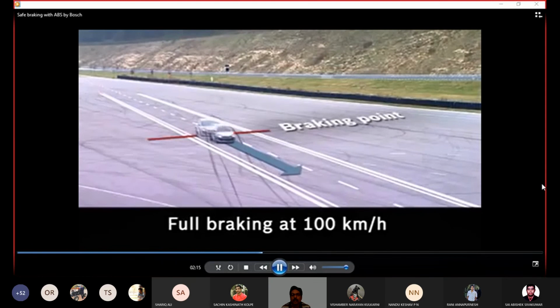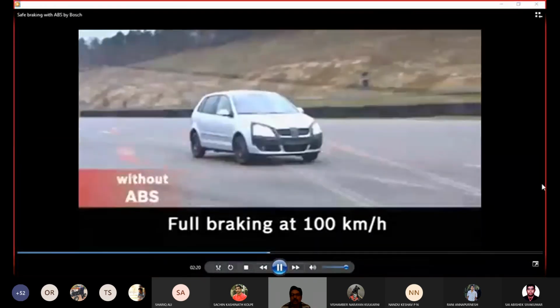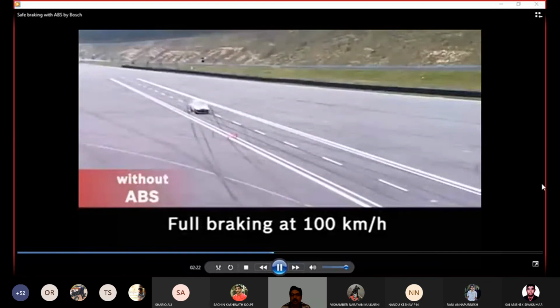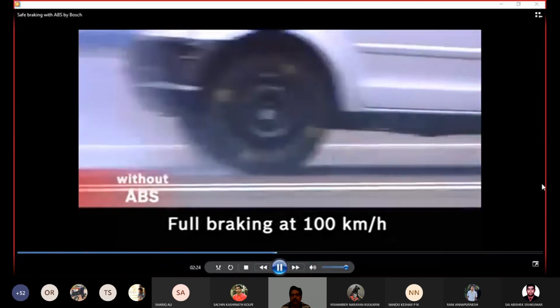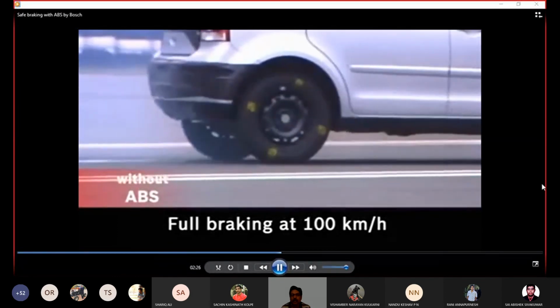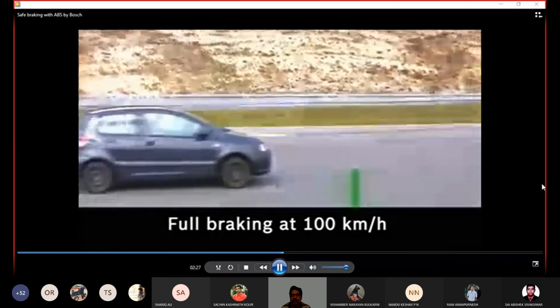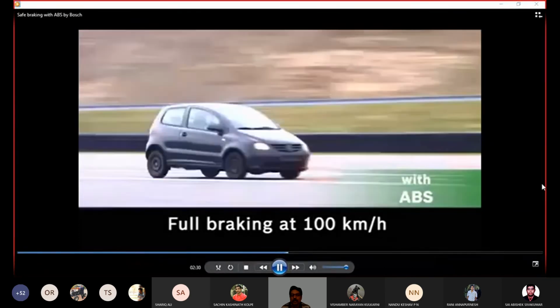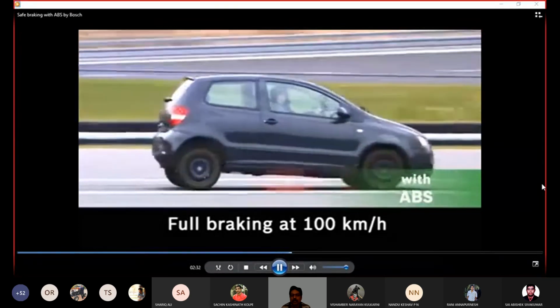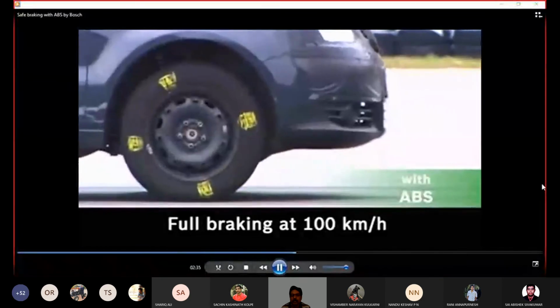Full braking at 100 kilometers per hour. With ABS, the braking distance is significantly shorter and the vehicle remains stable.